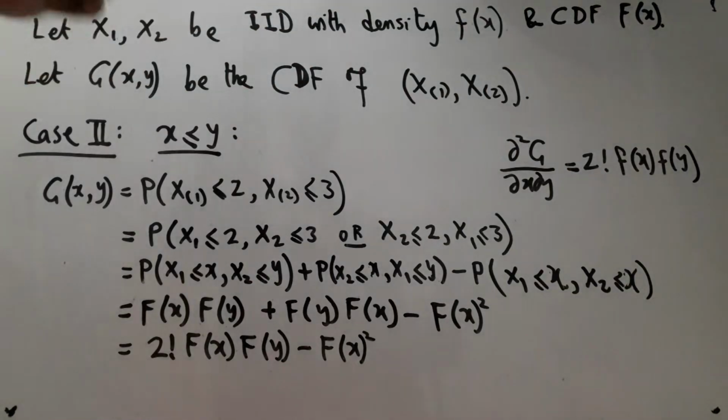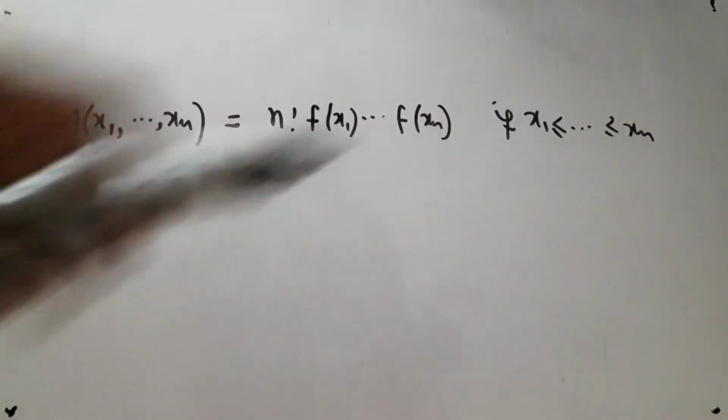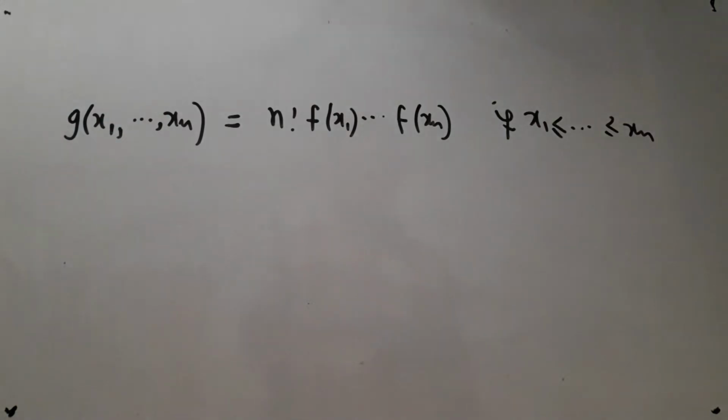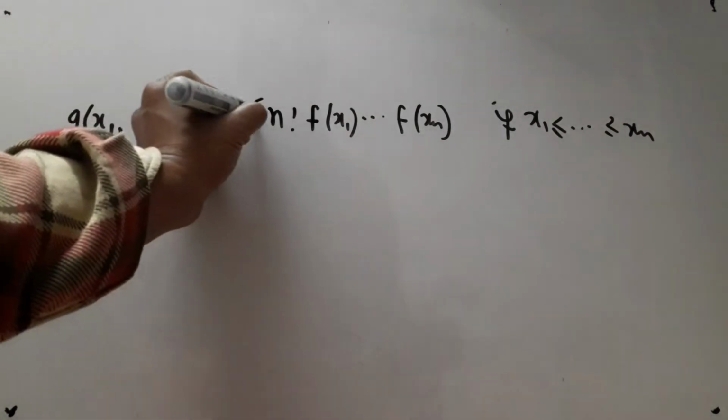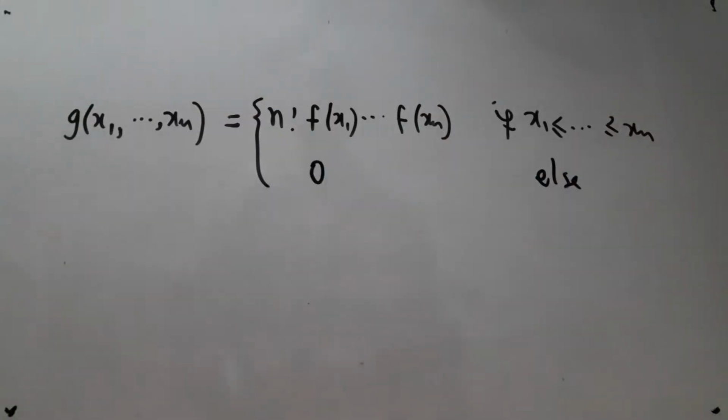If X1 up to Xn, then the density for this case will be n factorial times the product of the densities evaluated at the xi's, if all the xi's are in the right order. And we have already seen that it will be 0 otherwise. So we can find the joint density of the order statistics.